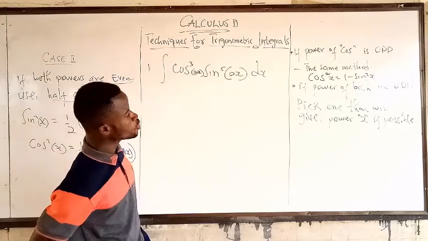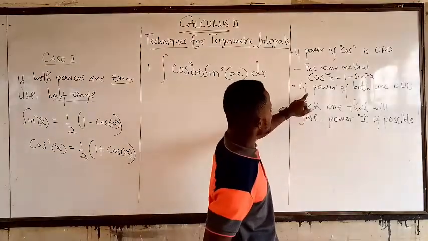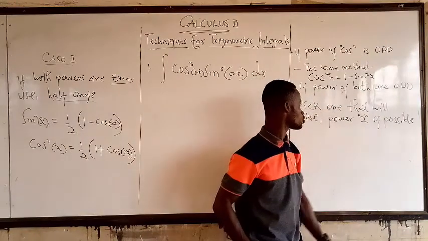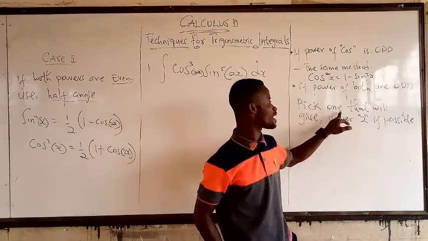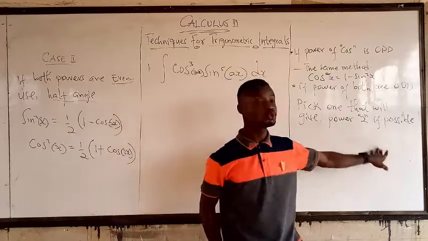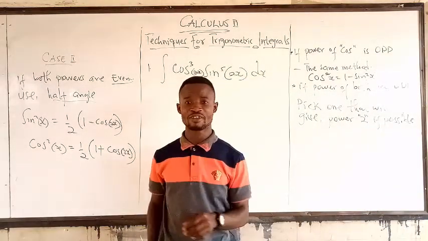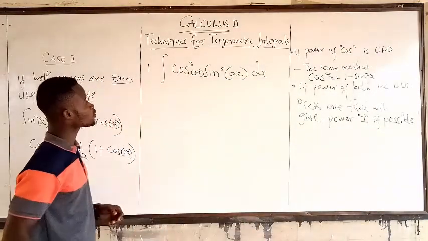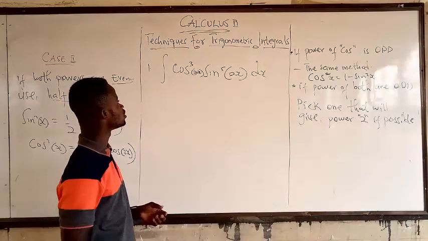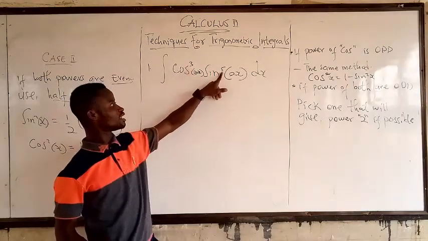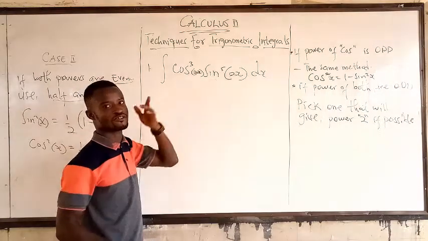So we say, if the powers of both are odd, let's pick one that will give power 2. So which one do you think is to give power 2? This is power 3, this is power 5.